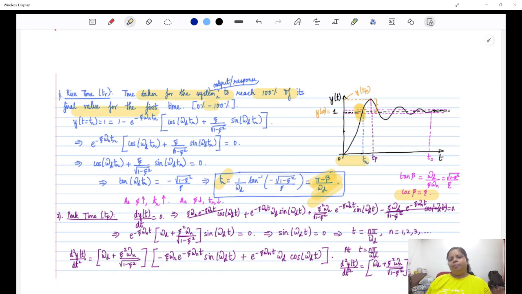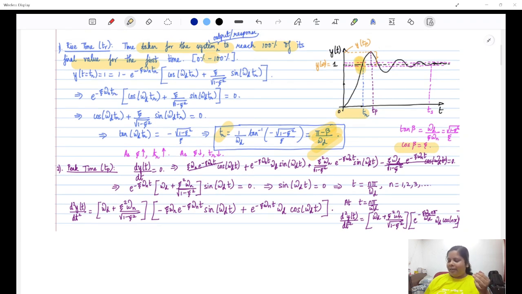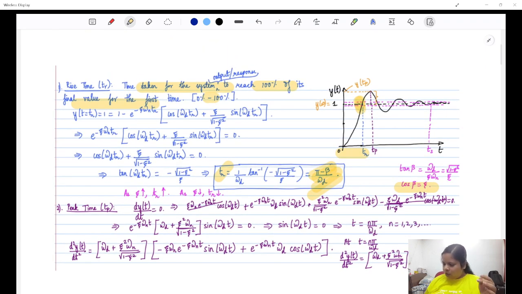So rise time is defined by pi minus beta upon omega d, and that's it. What is beta? Beta is cos inverse zeta. For peak time, peak time is basically the first time where your dy by dt becomes 0.